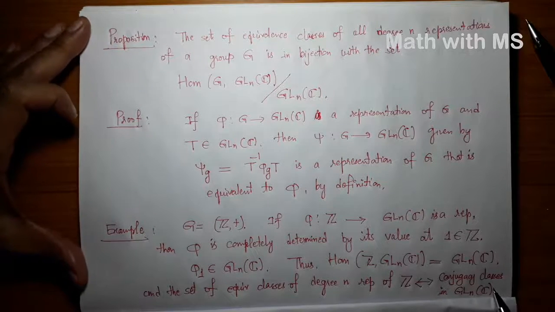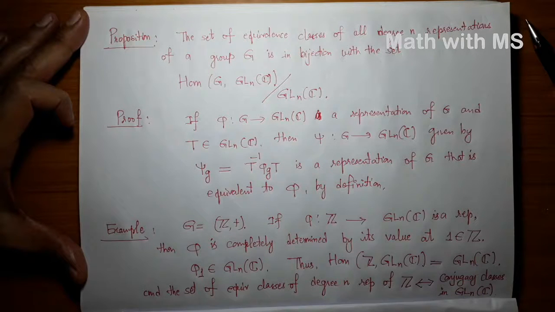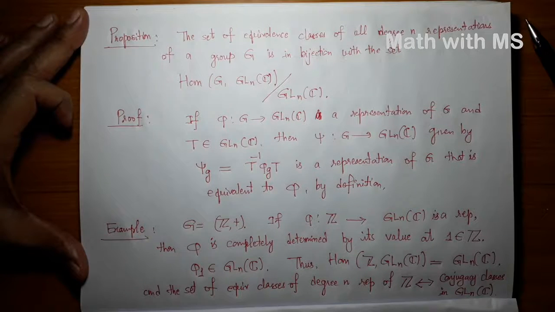So here it is quite an interesting set: the conjugacy classes of GLnC parameterize all equivalence classes of degree n representations of the integers.